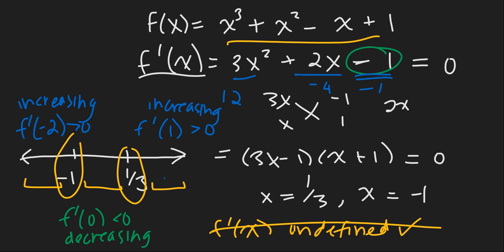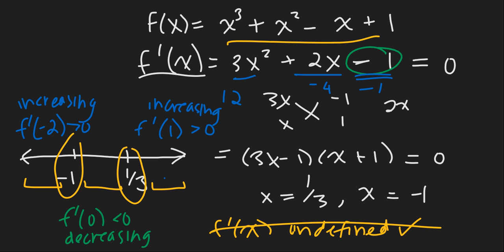So this is how to determine whether a graph is increasing or decreasing. But what if we want to find out whether it's concave up or concave down? Well, remember that it's determined by whether or not the slope itself is increasing or decreasing, not the fact of whether it's positive or negative.